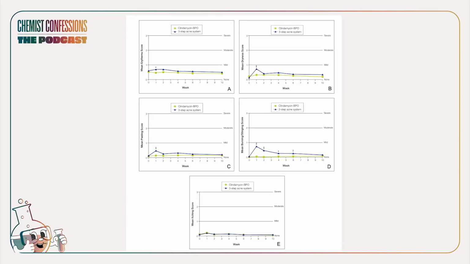And the other thing that I think Gloria would appreciate, because sal acid is something that she and myself sometimes have this issue with, is that our skins don't always tolerate sal acid well. So they also performed a tolerability assessment, and they looked at things that included erythema, dryness, peeling, burning and stinging, and itching. And I think we'll also share these results here.